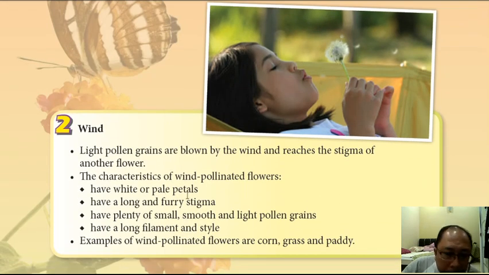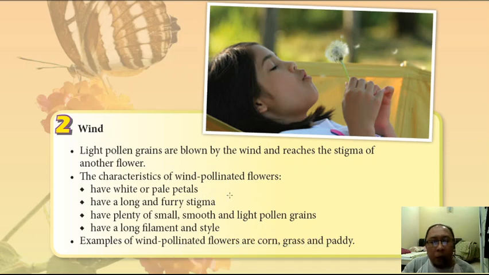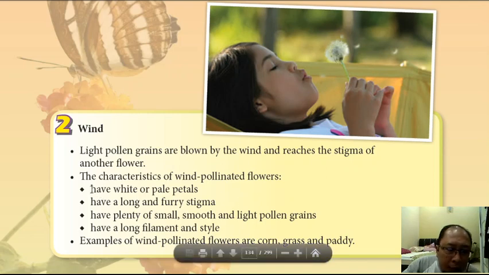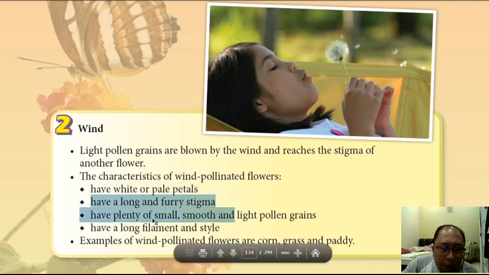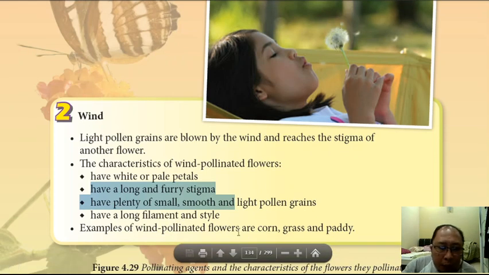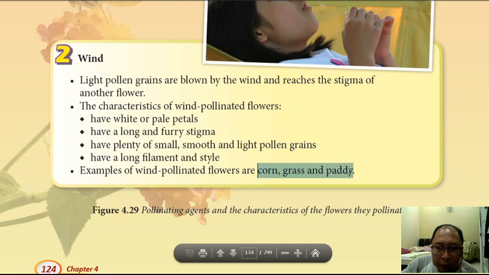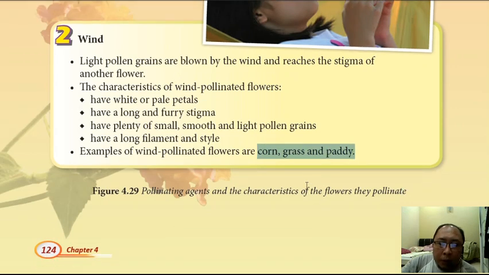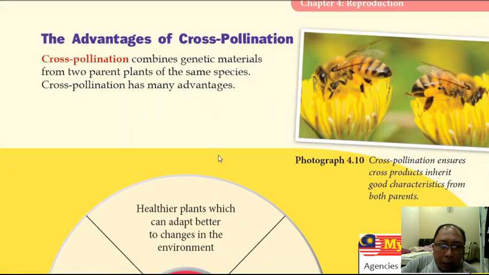If the pollinating agent is wind, the characteristics of wind pollinated flowers, as given here, are white or pale petals, long, furry stigma, plenty of small, smooth and light pollen grain, and a long filament and style. Examples of wind pollinated flowers are corn, grass and paddy. So this is the explanation about the pollinating agent.